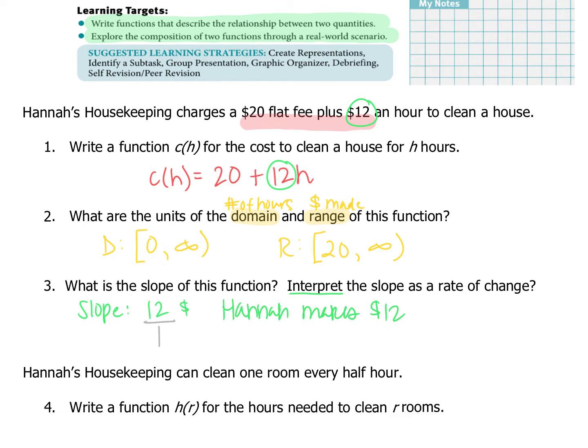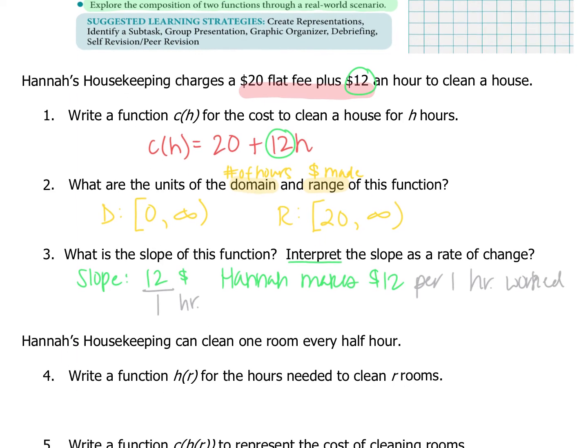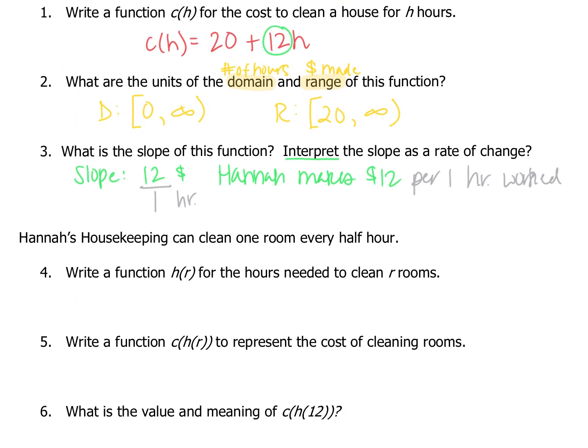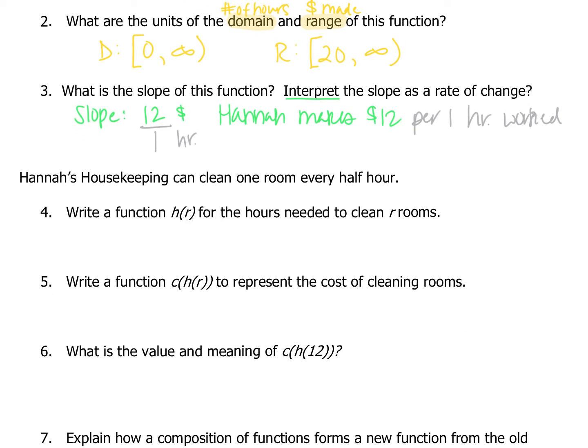So the 12 goes to money, whereas the 1 goes to hours. So Hannah makes $12 per 1 hour worked. Whoa, I bet that was a throwback, huh? Cool. All right. Well, let's keep going with some more information about Hannah's housekeeping.